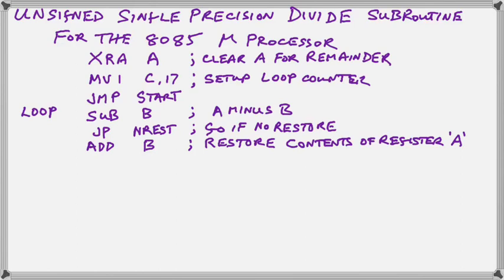And if we take it away before it's big enough, we're going to get a negative result, which will let us know that A is not yet big enough to take B from. So we will have to add it back. So the add B just puts it back to how it was before. So essentially what this little three line of code is doing, it's testing to see if we can in fact subtract B from A or not.